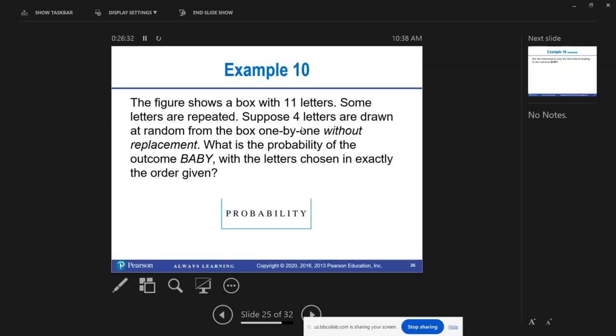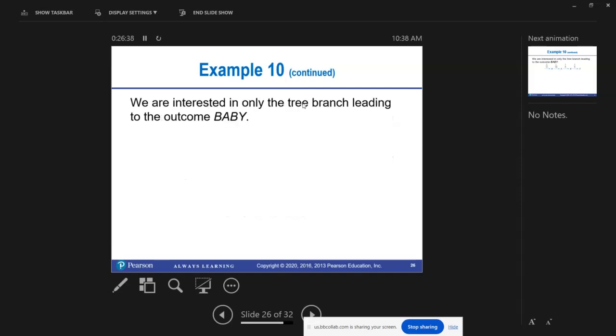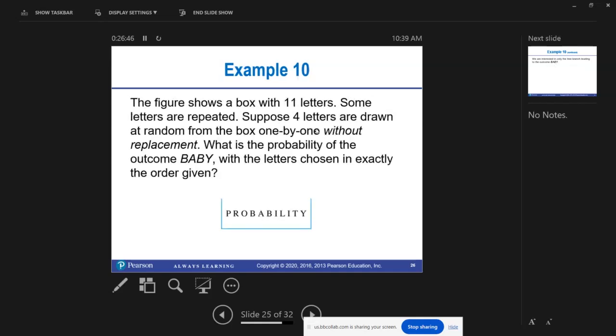So first of all, note we have 11 letters. We want to know only about the tree branch that would lead to B-A-B-Y. Well, if I look here at my letters, how many B's do I have? 2, right?